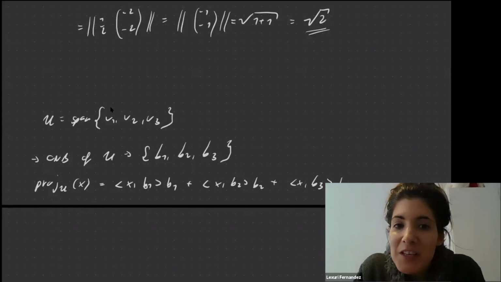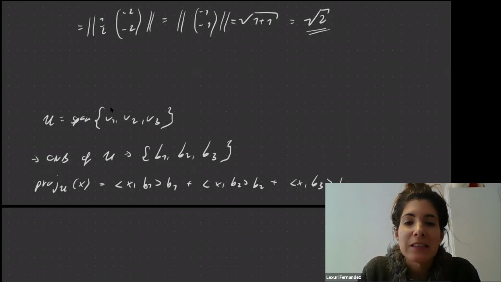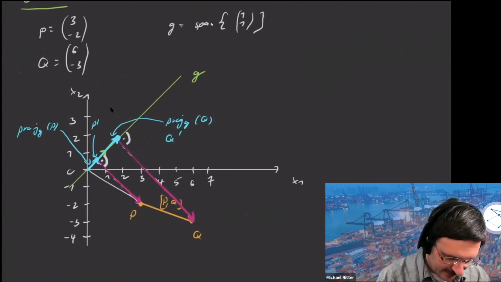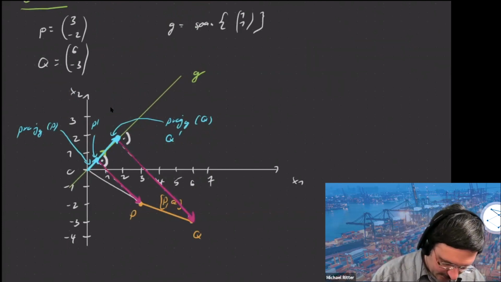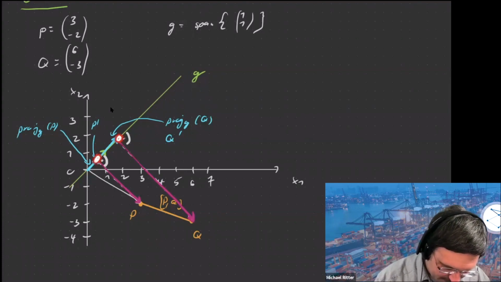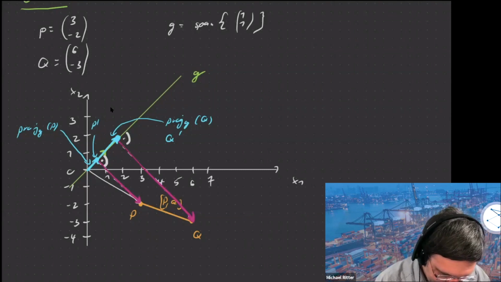Okay, then can you please show graphically where exactly the projection of PQ is? So the projection of PQ here in that sketch, that would be, let's see, one more color here. So this here is P prime, this here is Q prime. So the projection, that would be this.